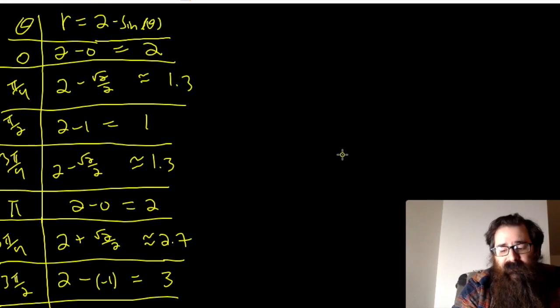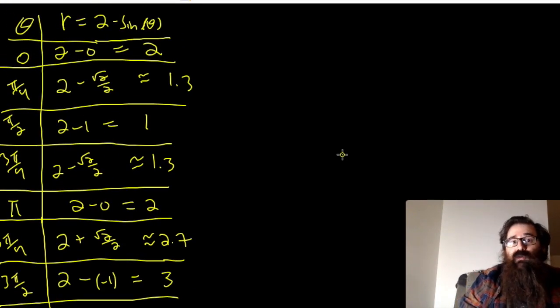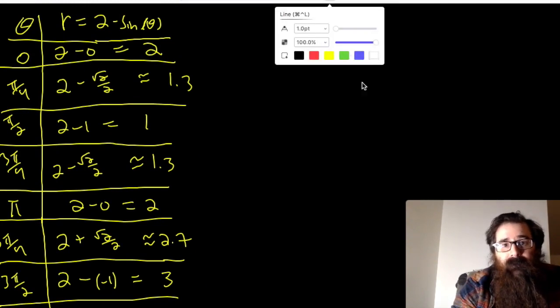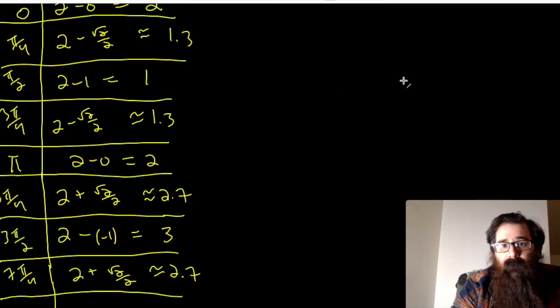Now I'm ready to see if I can build my graph. To do this, you want to either have polar graph paper, or if you're like me, you're going to have to make your own. So I'm going to make my own polar graph paper. I'm going to start with my main axes.